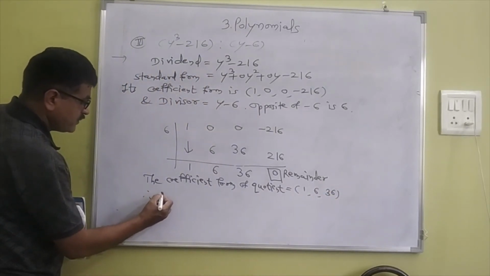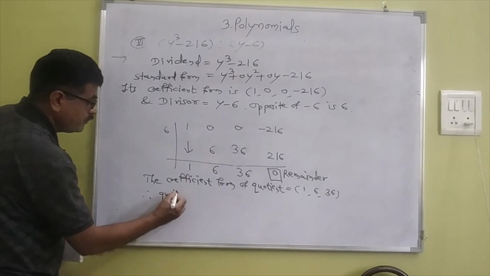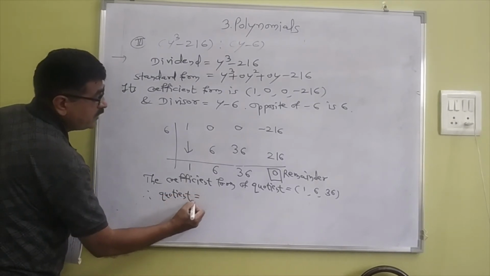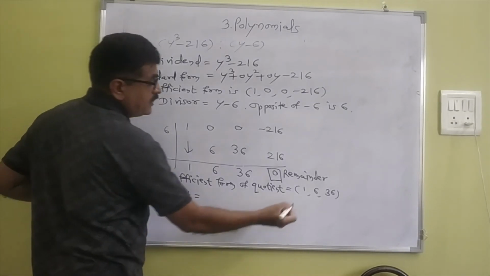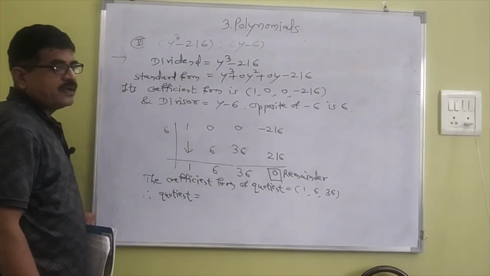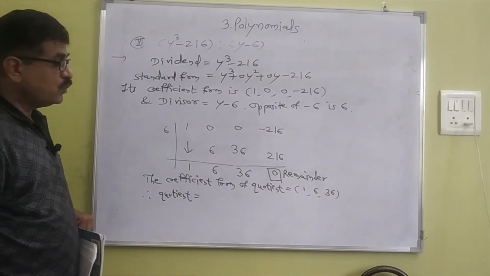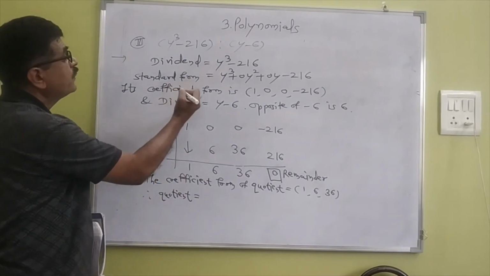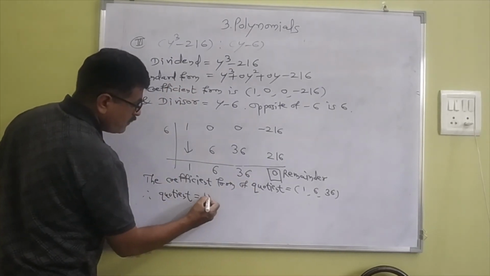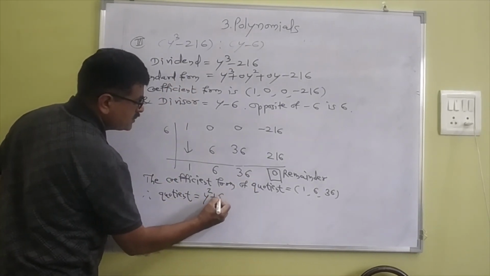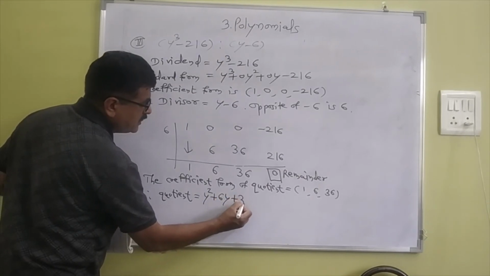Therefore quotient is equal to, now here there are three terms, therefore take degree is 2, variable is y, therefore y to the power 2 plus 6y plus 36.